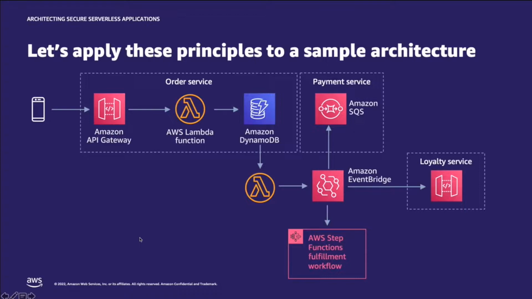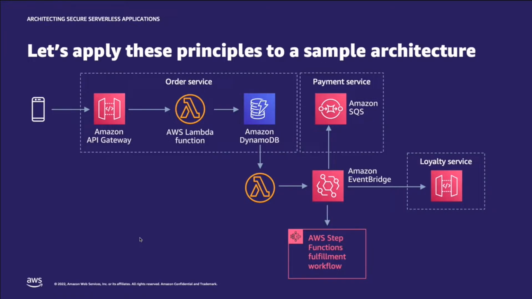So the purpose of this conversation is to provide this information regarding serverless, right? And we are going to apply these 4 principles to a sample architecture, right? So we have a client which is accessing an Amazon API Gateway to place an order. There is the payment service, which is integrated with Amazon SQS.